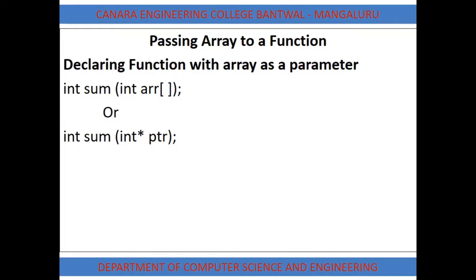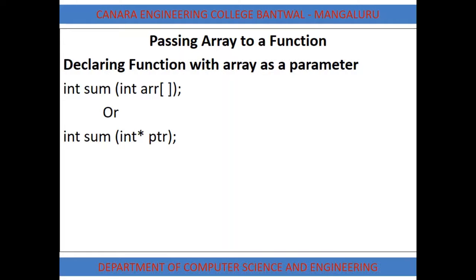Next, we'll see the concept of passing an array to a function. Now, declaring a function with an array as a parameter. So here, int sum(int array[]). This is the format in which we declare a function which accepts an array as input.